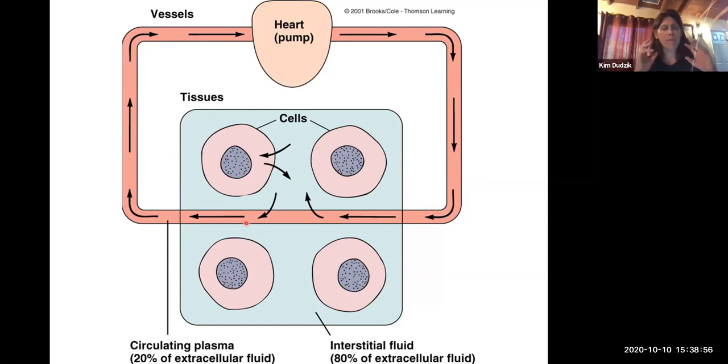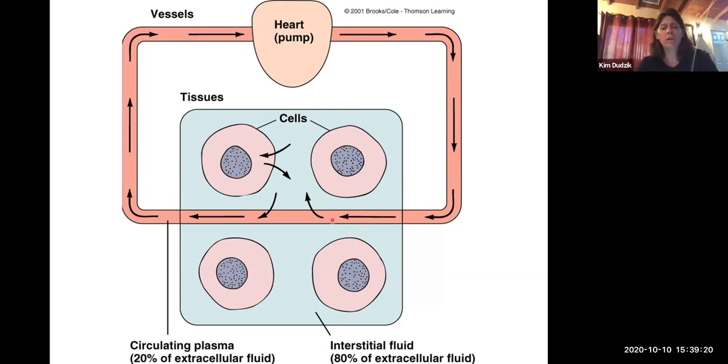So a preview of what's going on has mostly to do with concentration gradients. When a cell is using nutrients, that means there's usually a lower supply of nutrients inside the cell than there is in the blood, because the blood is constantly being recharged to carry the nutrients. You can say that same thing for oxygen, right?